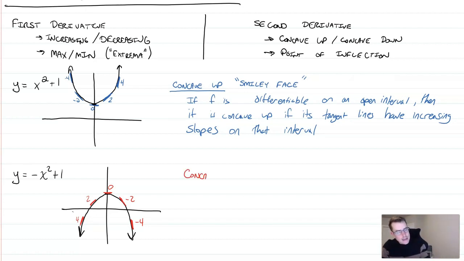So we say a function is concave down, which I can write as a frowny face.